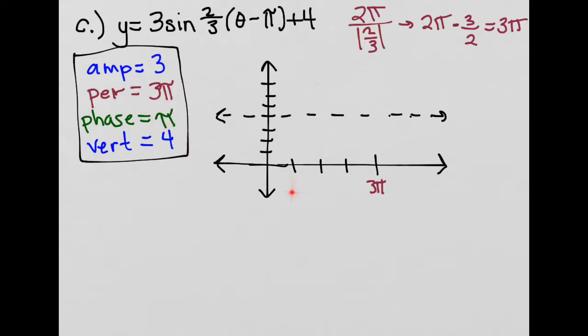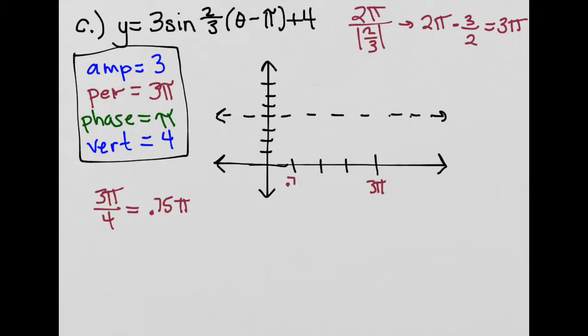So to find what each tick mark is worth, you're going to divide 3 pi by 4, and that is equal to 3/4 pi. You can also think of that as being 0.75 pi if that is better for you. So let's see, in fact I'm going to write it as that decimal.